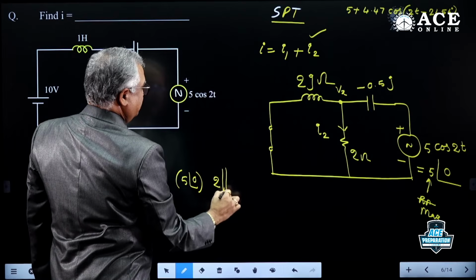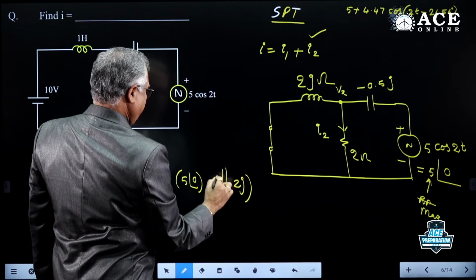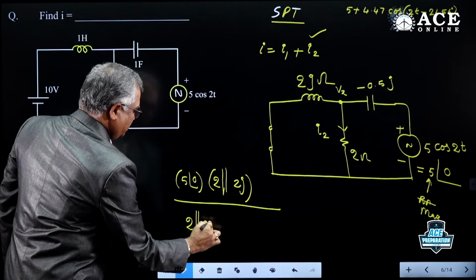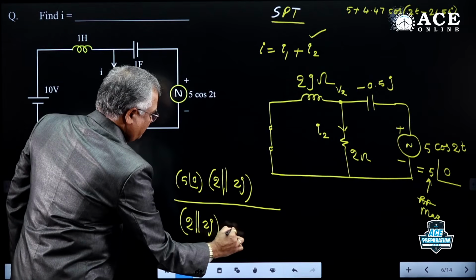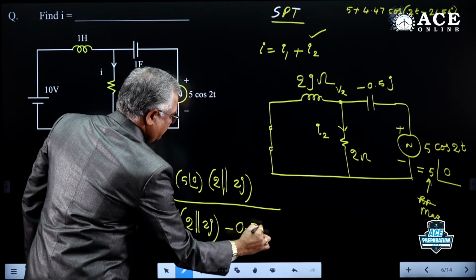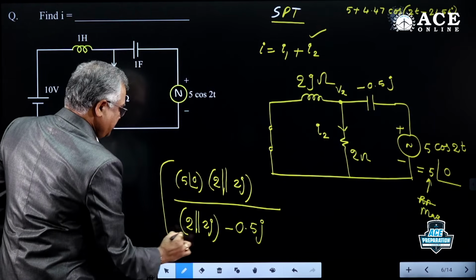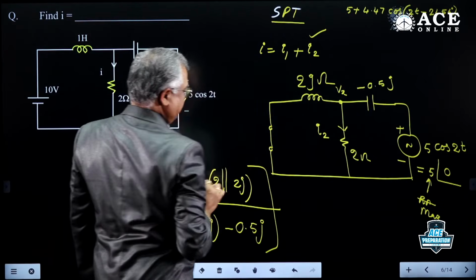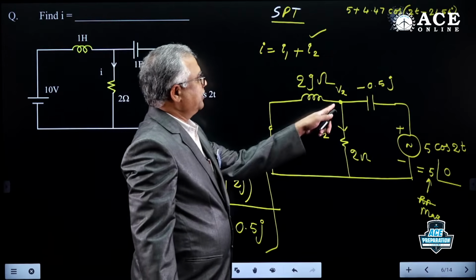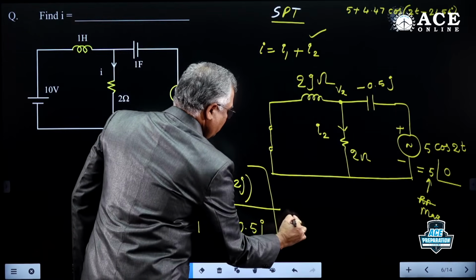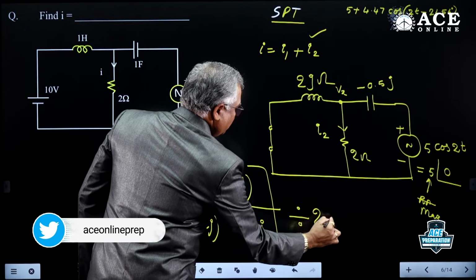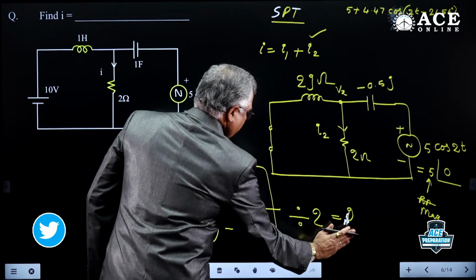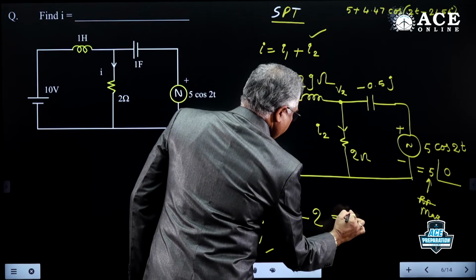So 2 parallel with 2j, divided by 2 parallel with 2j plus minus 0.5j. This simplification will give the voltage at this point, that is Vx. But we are looking for current, so divide this whole value by 2 and you will get the current I2.